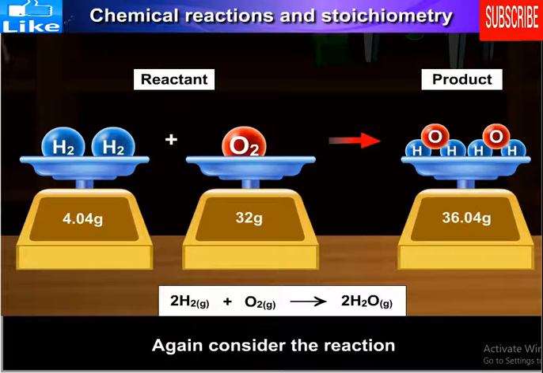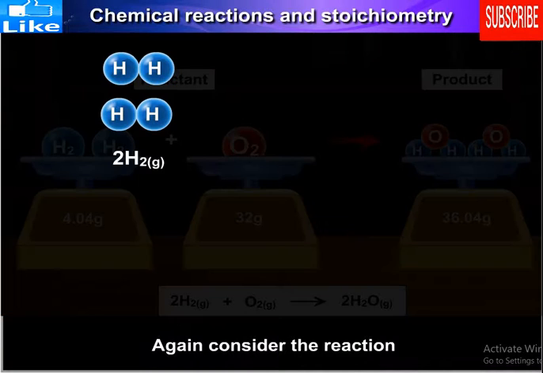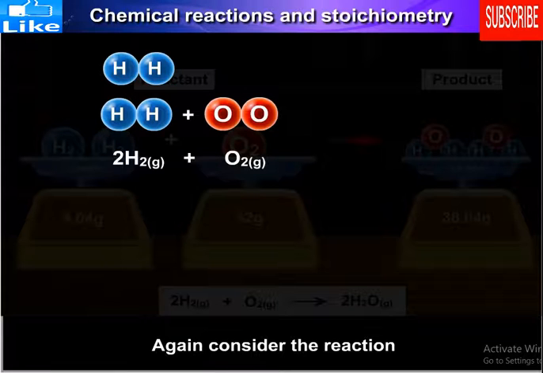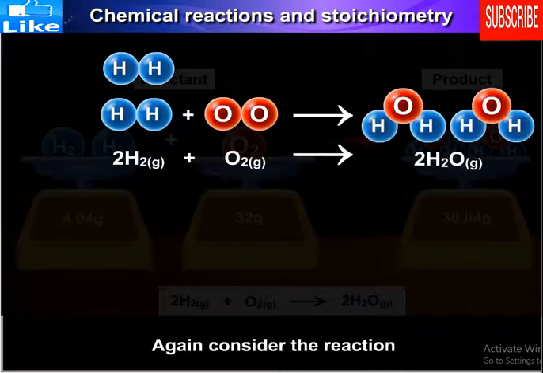Again consider the reaction 2H2 in gaseous form plus O2 in gaseous form gives 2H2O in gaseous form.